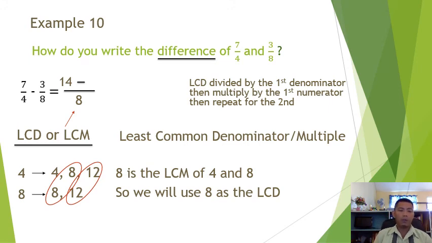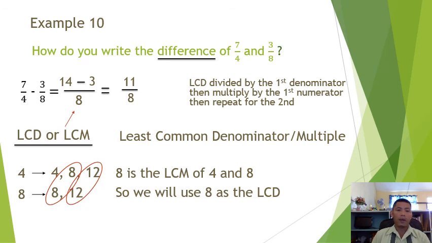For the second, 8 divided by 8 is 1, times 3 is 3. So 14 minus 3 is 11. Just copy the denominator 8.